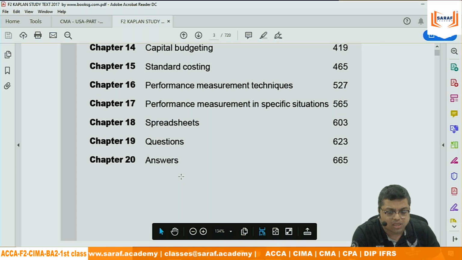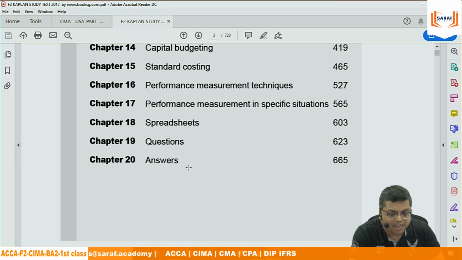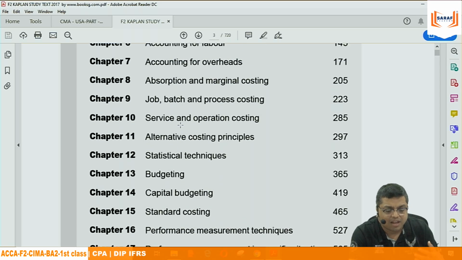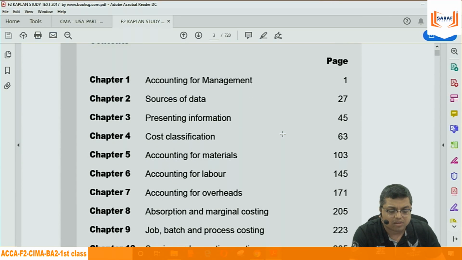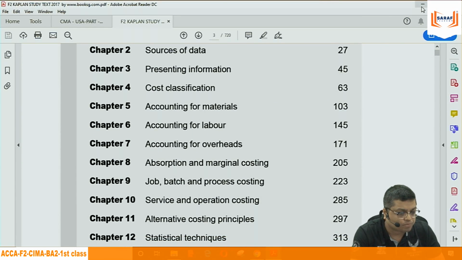Some extra questions are based on the entire syllabus, which is chapter 19 and chapter 20. In chapter 18, there are spreadsheets, the Excel sheet, how the Excel sheets are prepared and how they look, that is covered. That is the ACCA F2 syllabus.